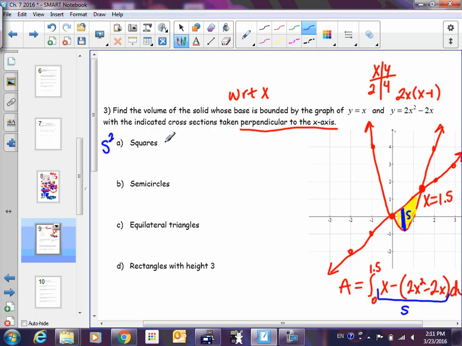So if I wanted to find volume, I would do pretty much the same thing I would do for area. I would integrate from x1 to x2, but this S, okay, this slice or side of the square needs to be squared, right? Because the formula for 1 square is s squared. And the integration will just add all of that up. So you're going to type all this in your calculator.